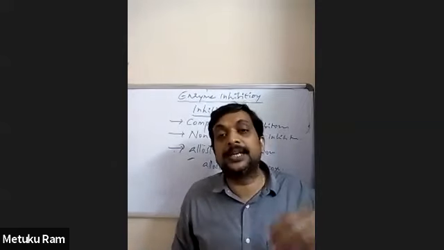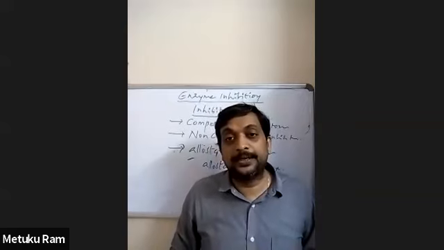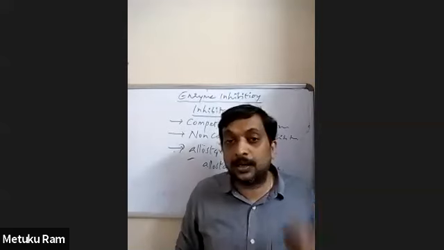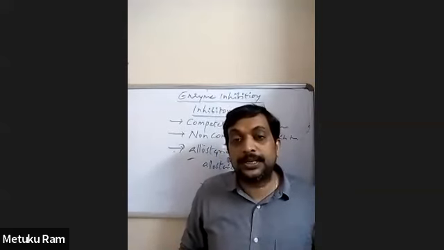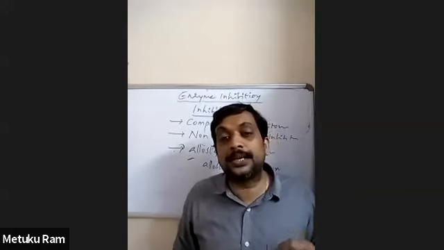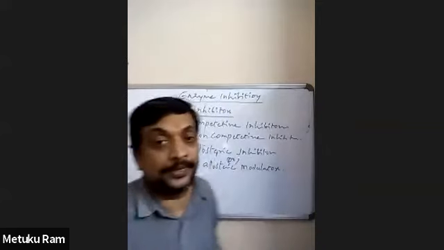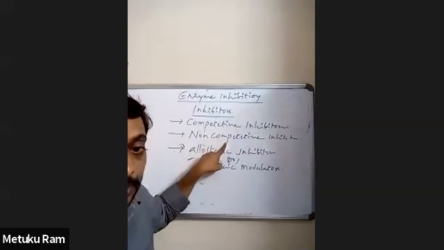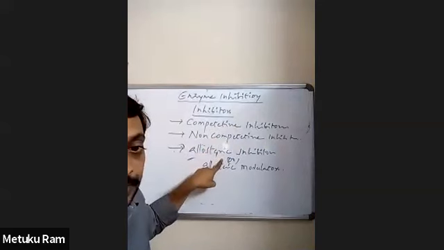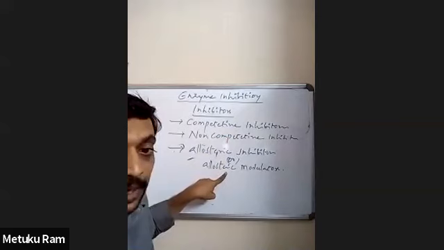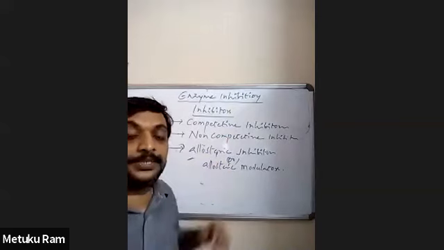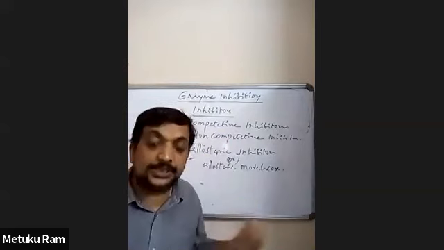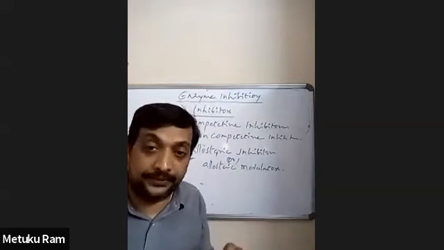It inhibits the enzyme catalysis process. So the inhibitors are competitive inhibitors, non-competitive inhibitors, and allosteric inhibitors or allosteric modulators. Right? These are the three types of inhibitors which inhibit the enzymatic activity.